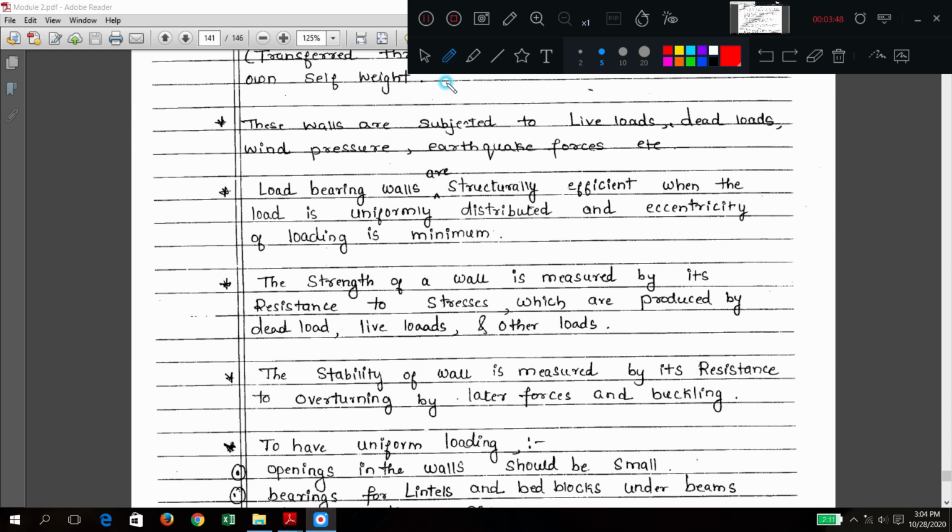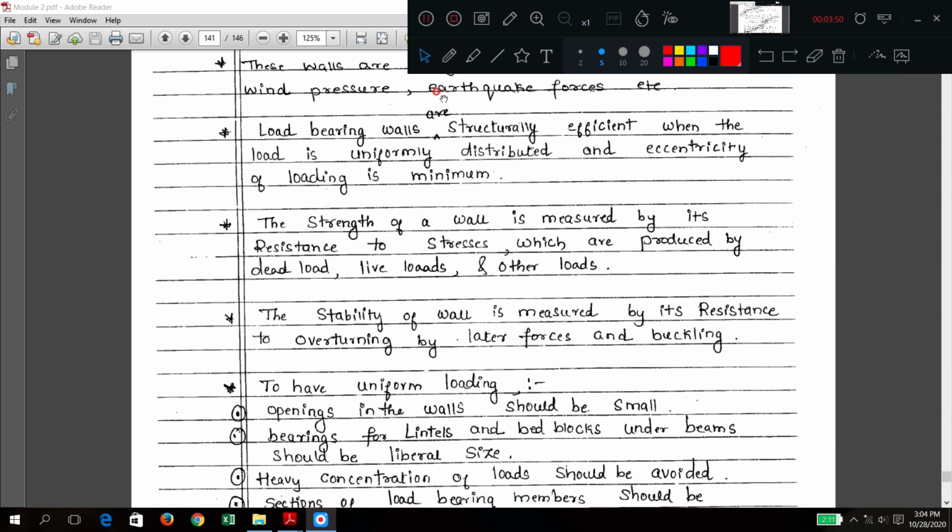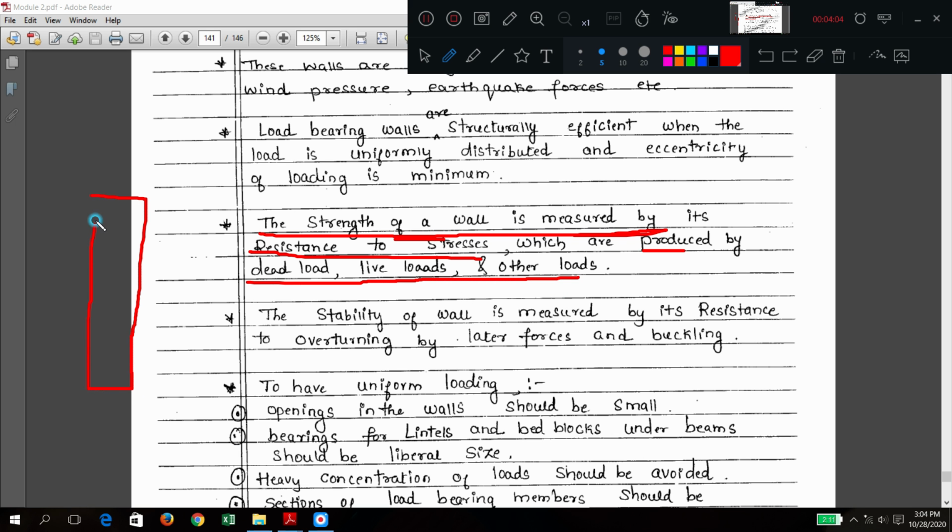Now next is the strength of the wall. The strength of a wall is measured by its resistance to stresses produced by dead load, live load and other loads. Suppose this is a cross section of the wall and this is the load coming on the top. The wall exerts some resistance.